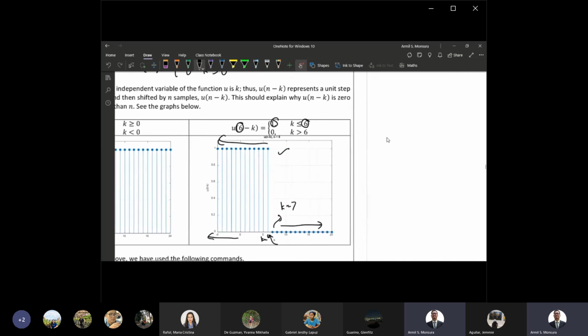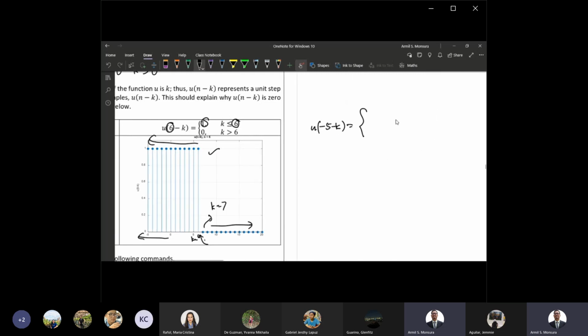So, ganun din yan kapag halimbawa, ginawa natin U of, say for example, negative 5 minus k. Ang magiging value niyan is 1 siya for k less than or equal to negative 5. Ibig sabihin, hanggang sa negative 5, ang value ng U of k nyo is 1. At 0 siya for k greater than negative 5.